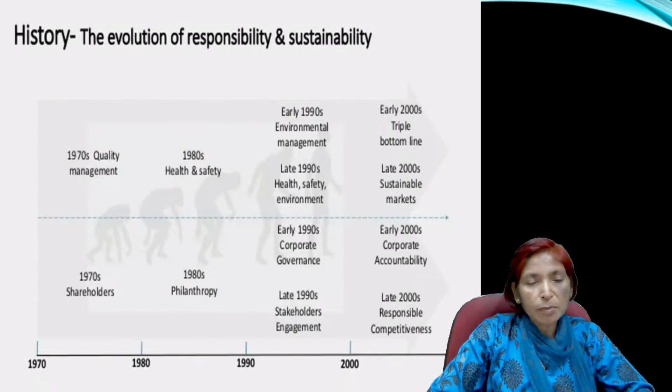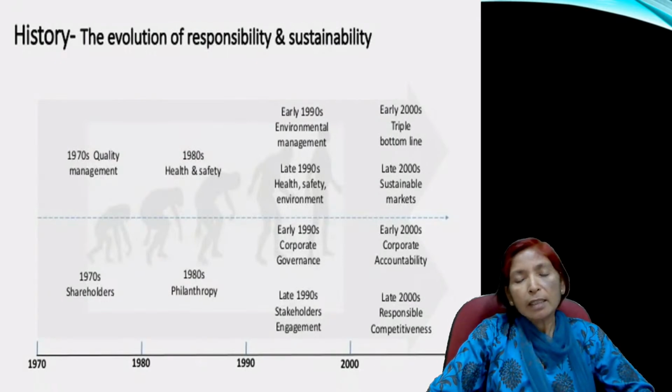So, 1970s quality management; in 1980s health and safety, and this was the social responsibility of business enterprises. Early 1990s, environmental management, this was the social responsibility of business enterprises. Then after the 1990s, health, safety and environment were all included.